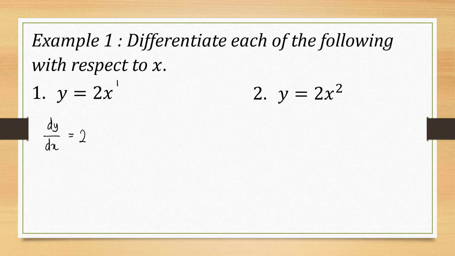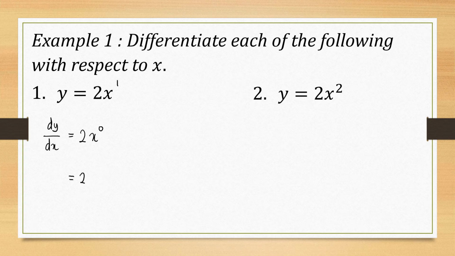So x power of 0 is equal to 1. So final answer 2. It's actually 2x power of 0, because 1 minus 1, power decrease by 1. We know that any number power of 0 you will get 1. So final answer is equal to 2. 2 multiplied by 1 equals 2.